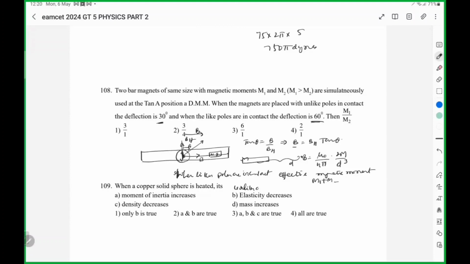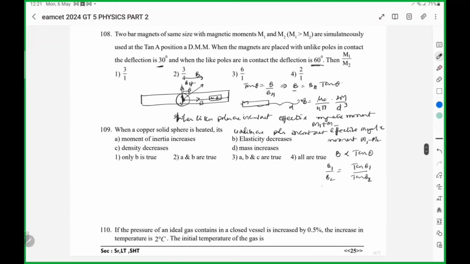When unlike poles are in contact, the effective magnetic moment is M1 minus M2. Here BH is constant, B is proportional to tan theta. So B1 by B2 is tan theta 1 by tan theta 2.